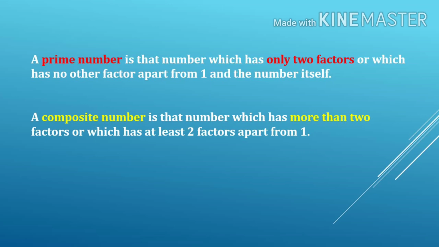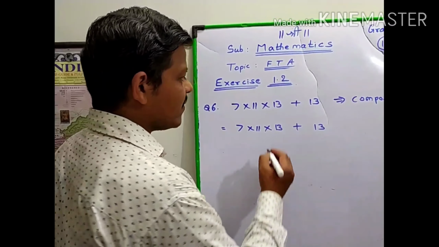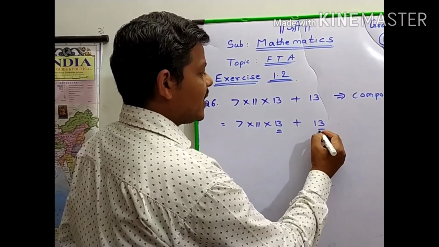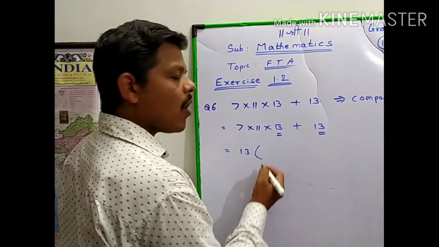So what we can do is take this given example as it is, 7 into 11 into 13 plus 13. See, this is of the form A plus B, distributive property: whatever is common can be taken out. So let me take out 13 as common.